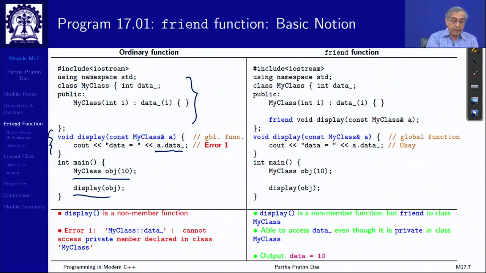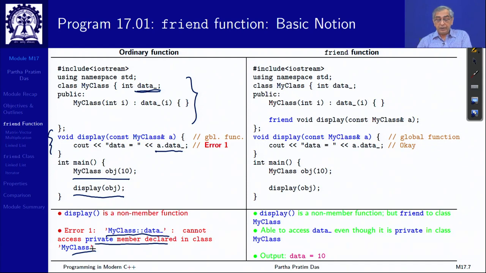If I invoke display with this object, what do I expect to see? Display is a global function, it is a non-member. So any access to private data in display, by our information hiding principle, is prohibited. The compiler says my class: data cannot access the private member declared in my class. So this code will not compile.